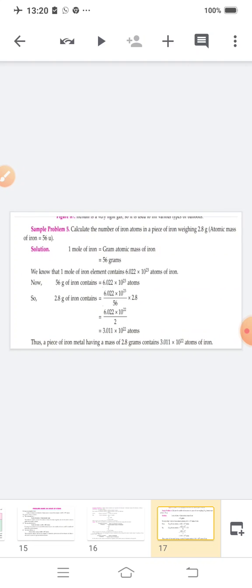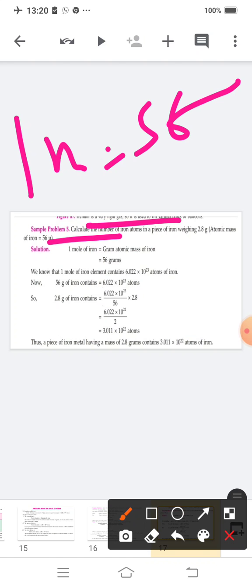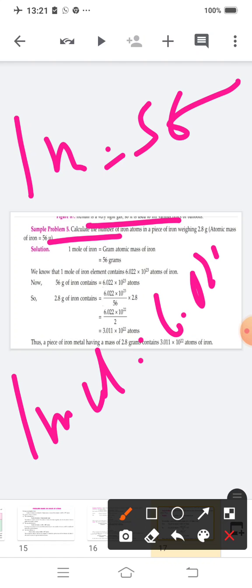Now calculate the number of iron atoms in a piece of iron weighing 2.28 gram. Clear? So we know that 1 mole of iron is equal to the gram atomic mass of iron. So 1 mole is equal to 56 gram. Clear? And we know that 1 mole of atoms is equal to 6.022 into 10 to the power 23 atoms.